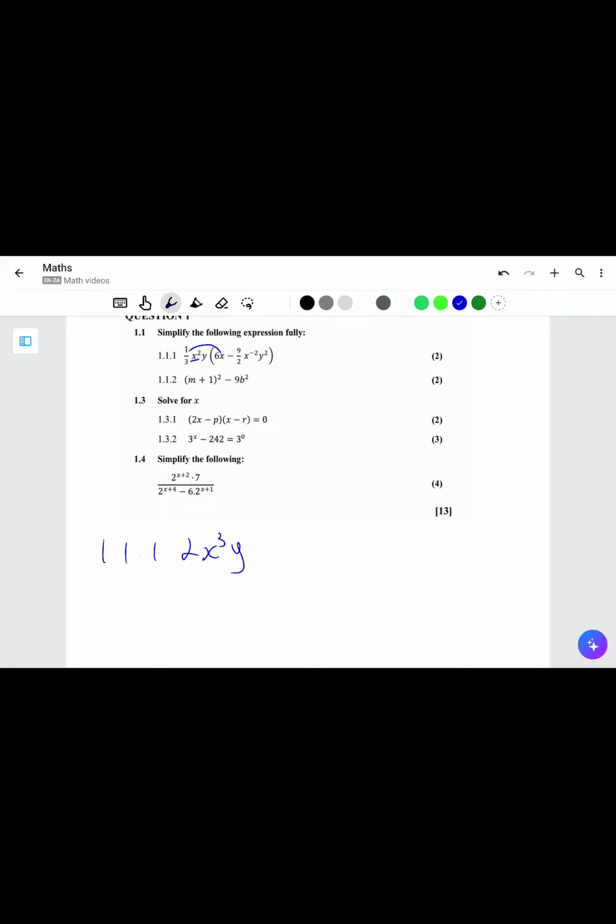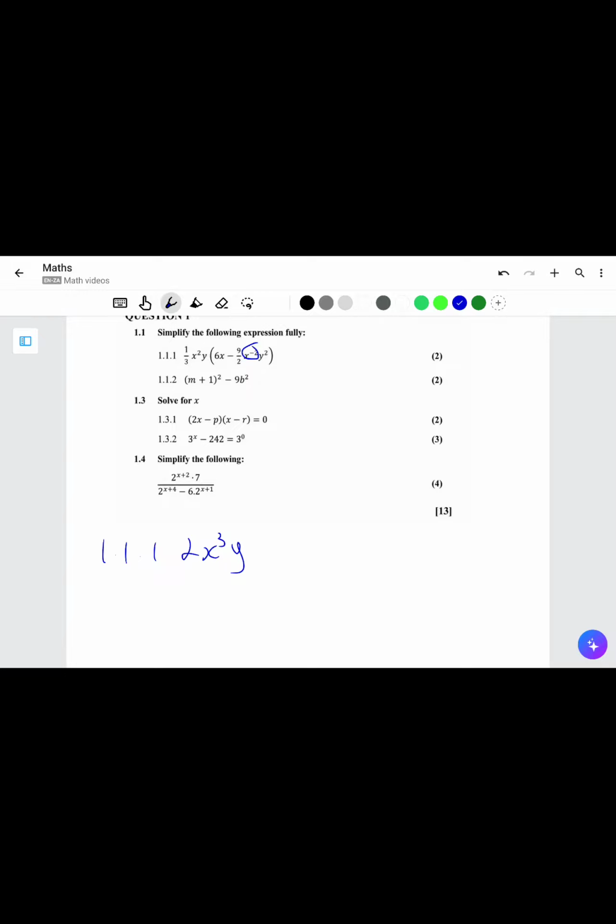If you were to multiply that out now, there is no y in the term 6x, so we're just going to have the y there. Okay, then we're going to go again and we're going to multiply the third x squared y with our 9 over 2 x to the power of minus 2 y to the power of 2. Okay, so you're sitting here with a negative exponent, x to the minus 2.